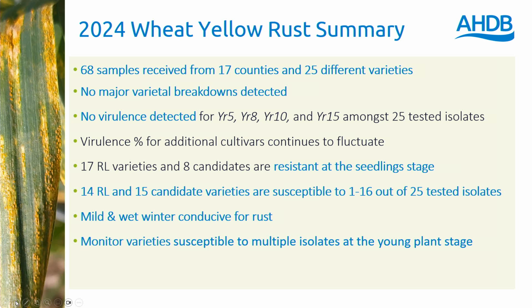We found that 14 of the recommended list and 15 of the candidate varieties were susceptible to up to 16 out of the 25 isolates we selected for testing. And as I mentioned, the mild, wet winter was quite conducive for rust development this year, and continue to monitor those varieties that were susceptible to multiple isolates at the young plant stage.